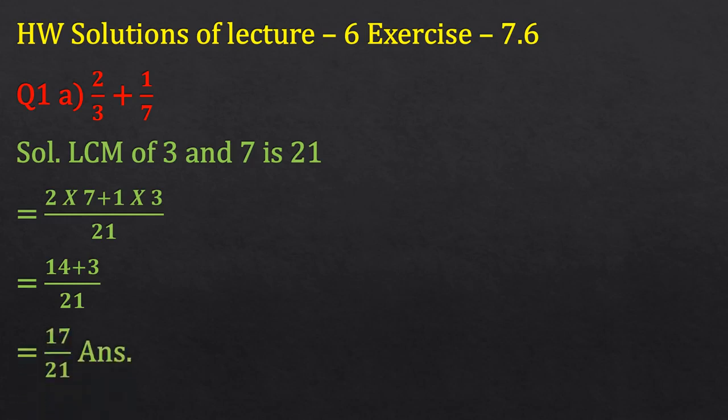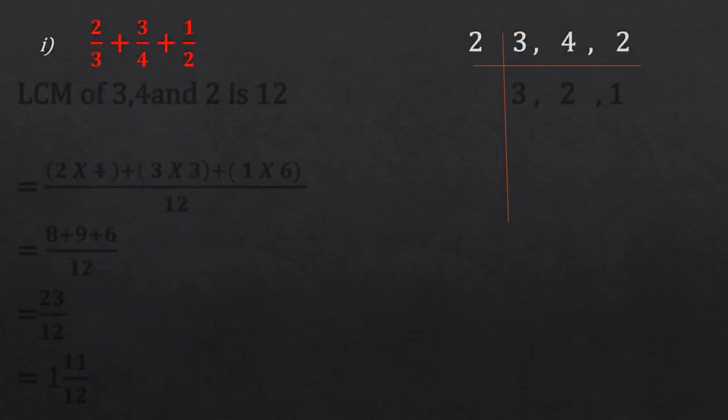Okay. See the next question. One more part I have done for you. It is 2 upon 3 plus 3 upon 4 plus 1 upon 2. I have taken this part because there are 3 fractions. Whether there are 3 fractions or 2 fractions or more than 3 fractions, it will not change our procedure. Steps will remain same.